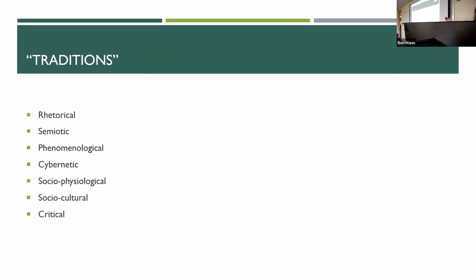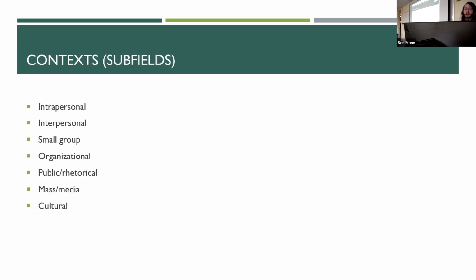Each of the theories we go over in this class will be related to at least one tradition, and at least one context is going to be relevant to these theories too. Today's theory will connect very closely to interpersonal communication, between two people, and intrapersonal communication, with yourself. Oftentimes you will see intra and interpersonal used together.